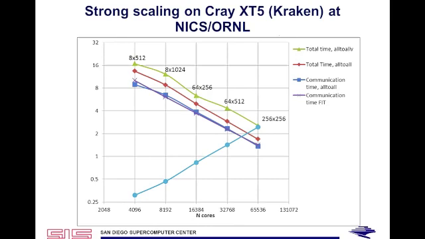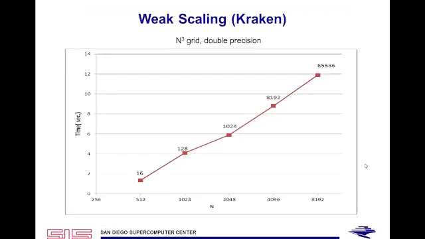Also, I did a fit to the communication time based on the expected scaling, as I mentioned, p to the power minus 2/3, and I see that it matches the data pretty well. And this light blue line shows the flops, the teraflops to be precise. So this is the strong scaling.